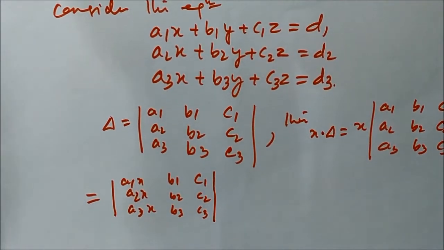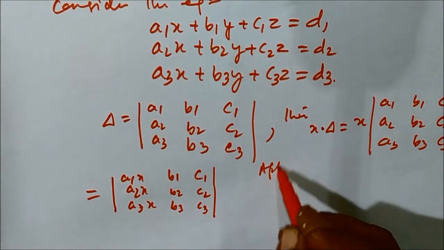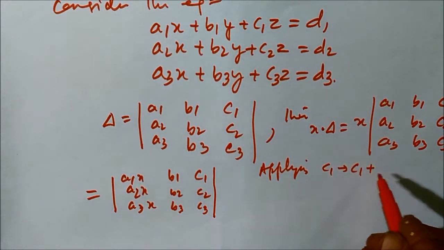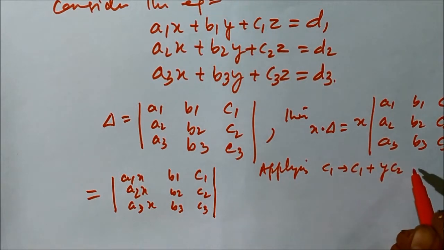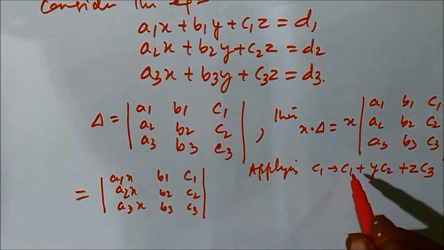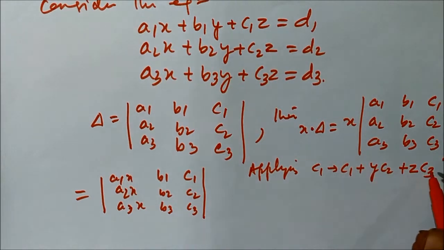Now applying the operation C1 goes to C1 plus y C2 plus z C3, that is, column number 1 goes to column 1 plus column 2 times y plus column 3 times z.